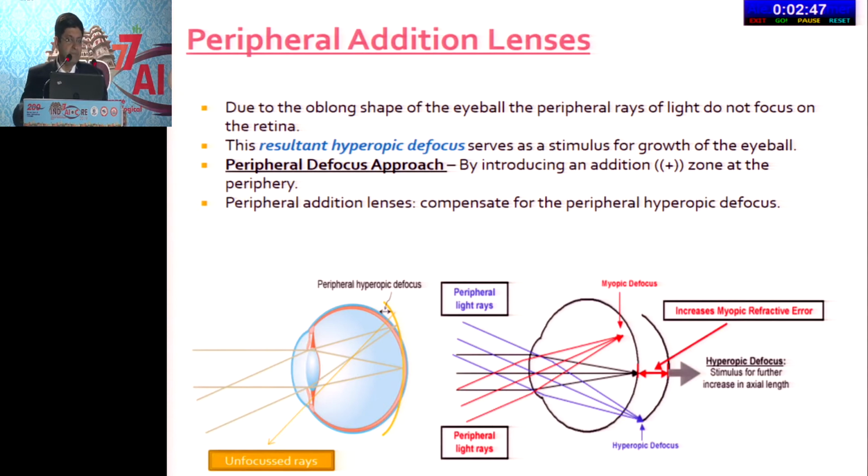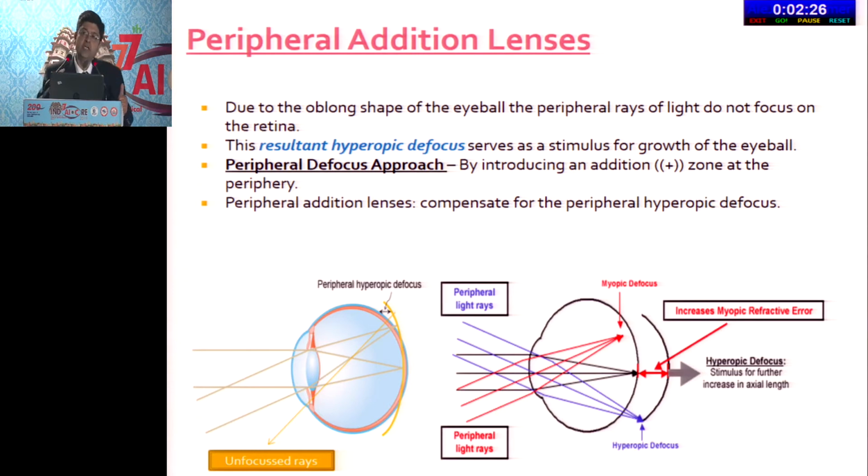The other concept was peripheral add lenses. Current monofocal spectacles correct you for central vision, but as you go to the periphery, there is a hyperopic defocus. The globe is not a perfect sphere, so there is a peripheral hyperopic defocus.